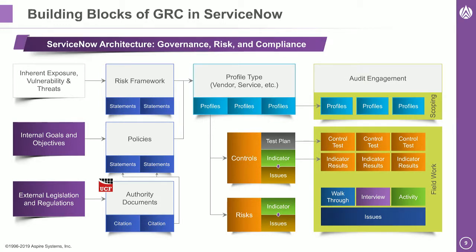And in the audit management, users will be able to create 4 types of activities: the control tests, the walkthroughs, the interviews, and activities. So these activities will get assigned to auditors, and once they complete these activities, if there are any observations, they can create these as issues and report the findings of the audit.